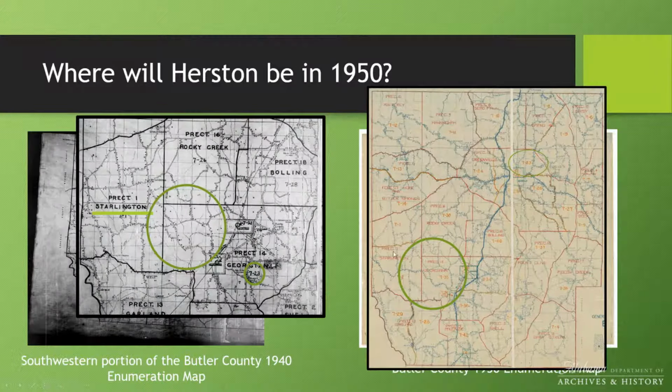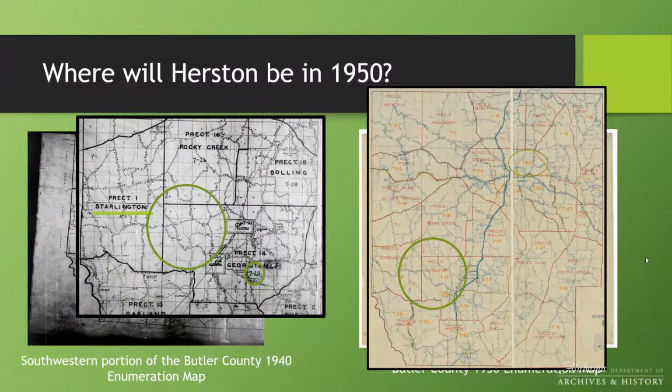I'm going to look in the Starlington one, 7-2, and the Georgiana ones, which there are several of, but I'm going to look in around that big circle. That's what I'm going to try and do to determine where he was. And that's really, unfortunately, the best that it's going to be. It is going to be difficult, but you're going to have to use tools like that to determine.